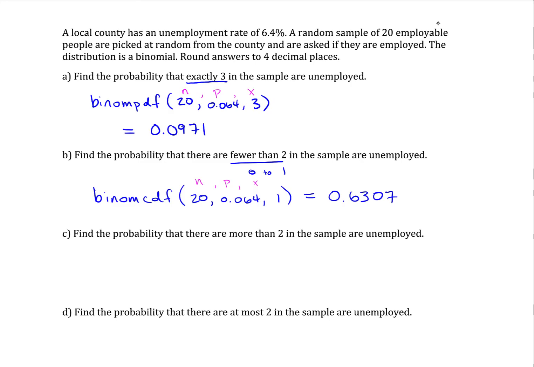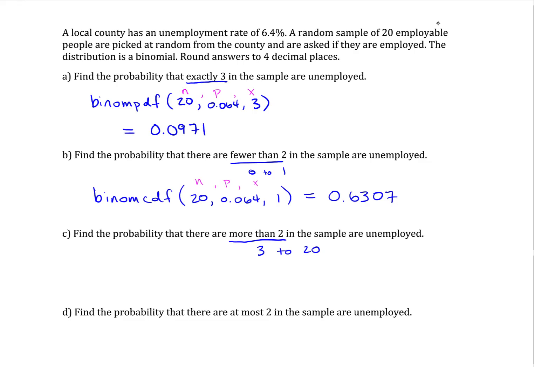Find the probability that there are more than 2 in the sample that are unemployed. More than 2. So that is a similar situation, but instead of being fewer than 2, which would be 0 up to 1, more than 2 is going to be from 3 to the sample size, which is 20. Now, binomial CDF can still be helpful.